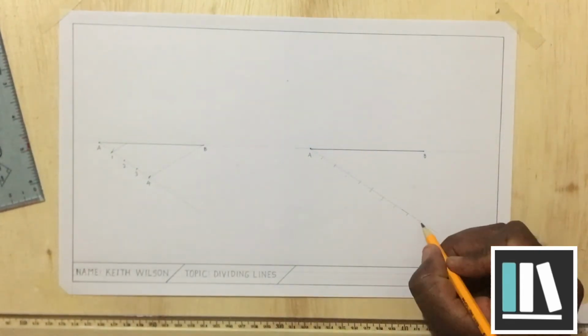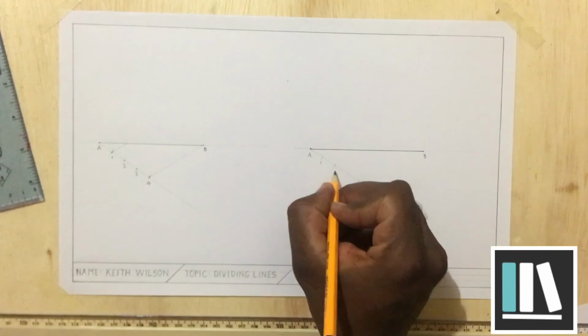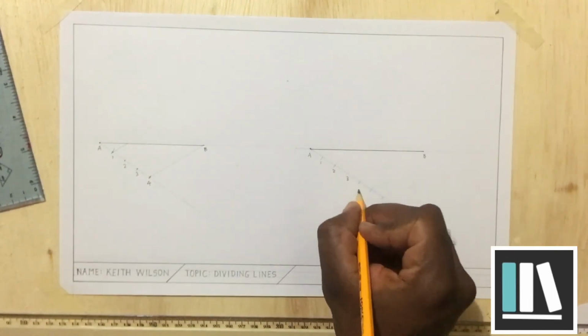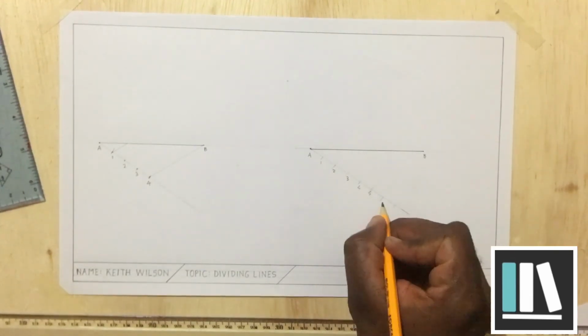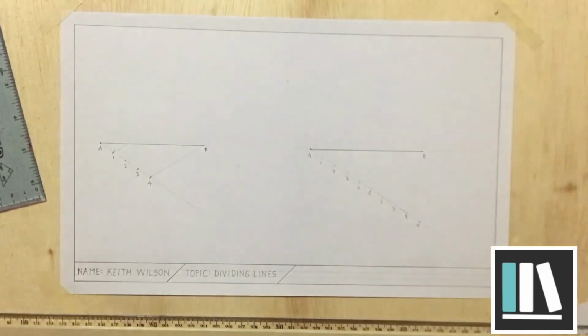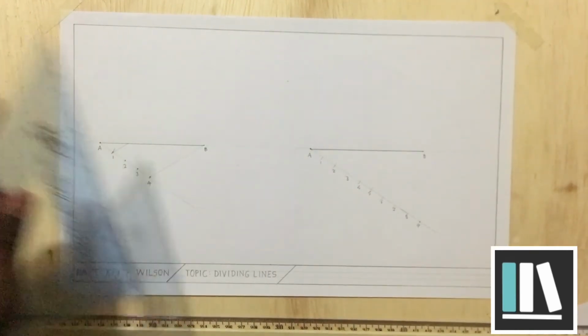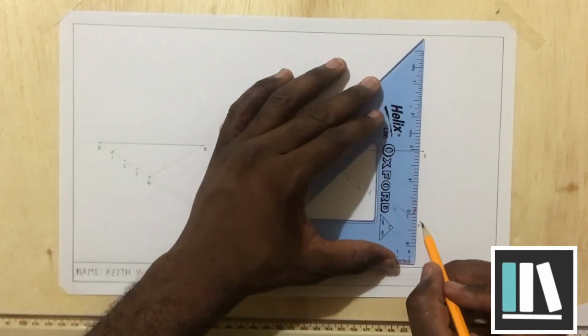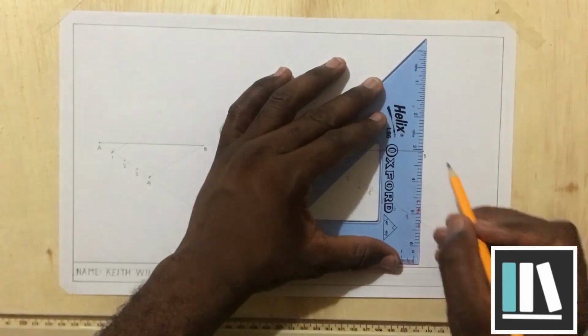So the 9th point will be connected to point B using a construction line.